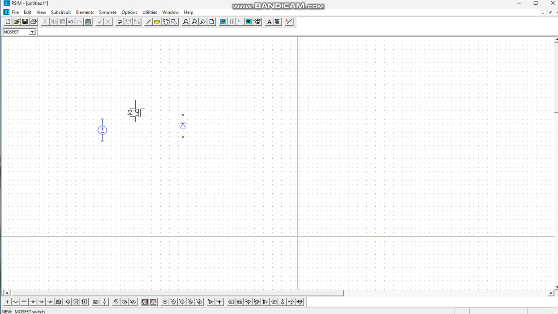This is our MOSFET, and we need a switch to control the MOSFET. And we connect a pulse square wave.